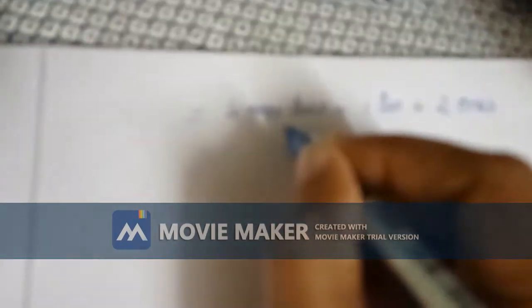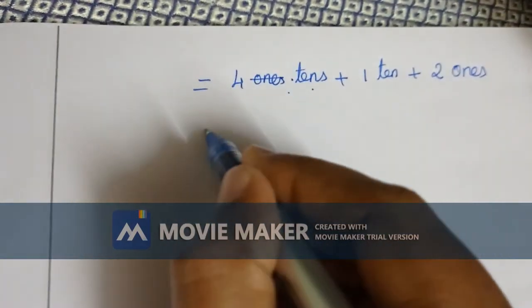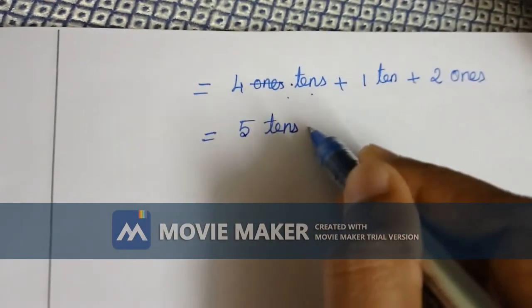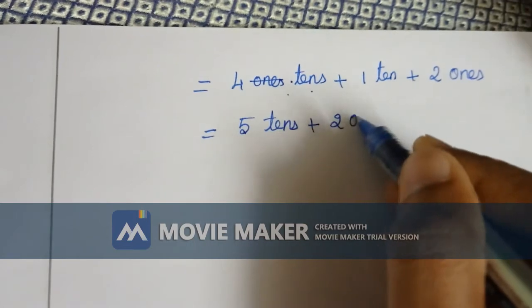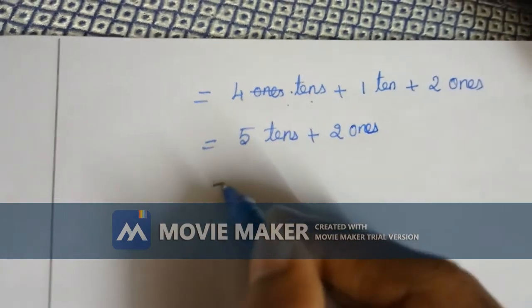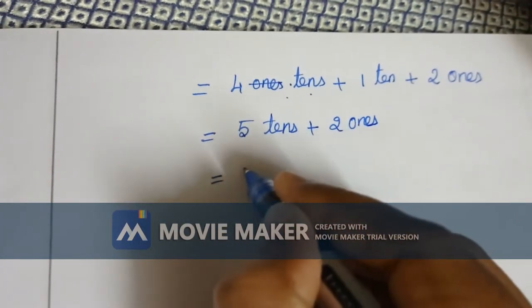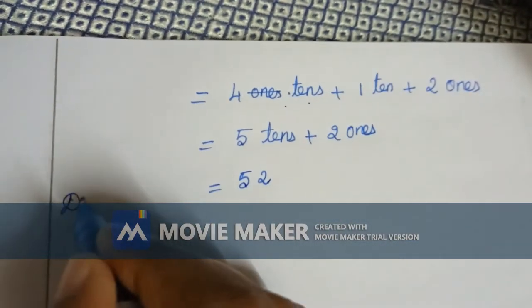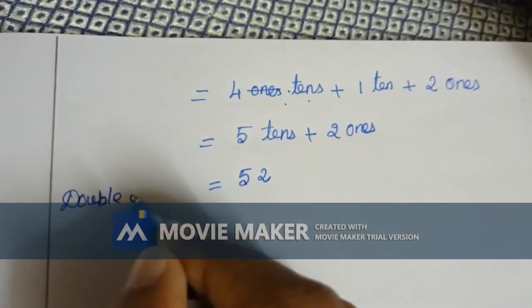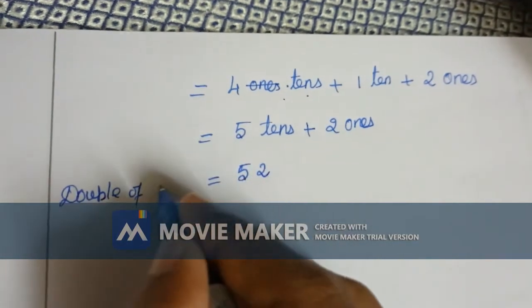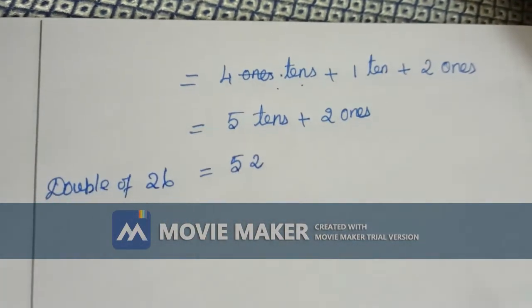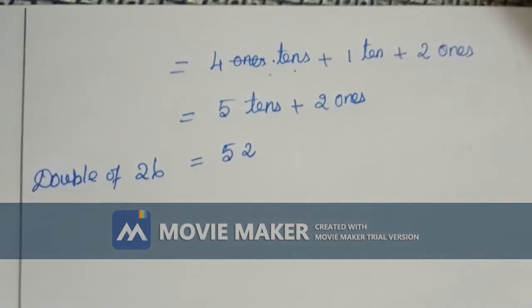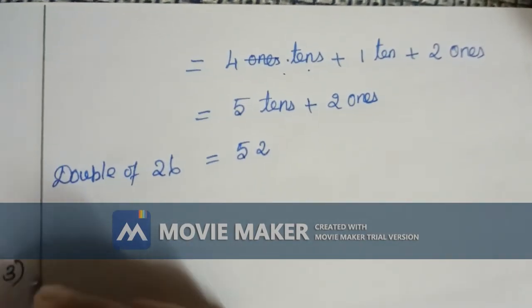So 4 tens plus 1 ten gives us 5 tens plus 2 ones, which gives us 52. So children, the double of 26 is 52. Now let's do one more example.